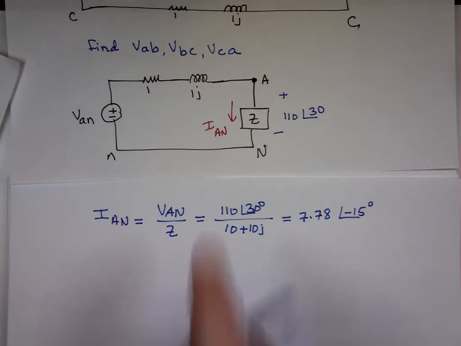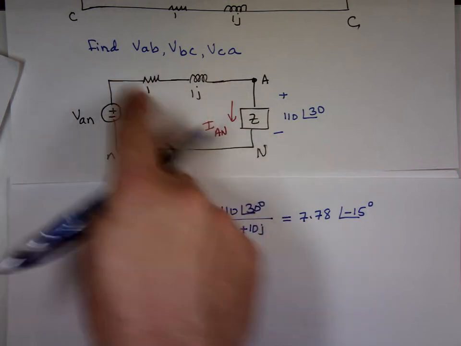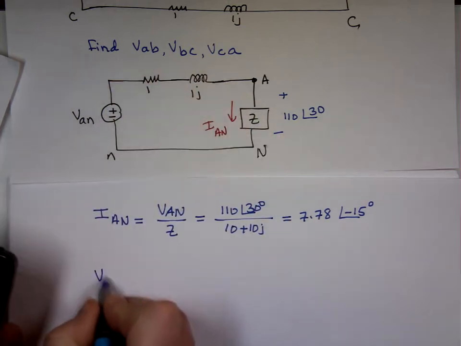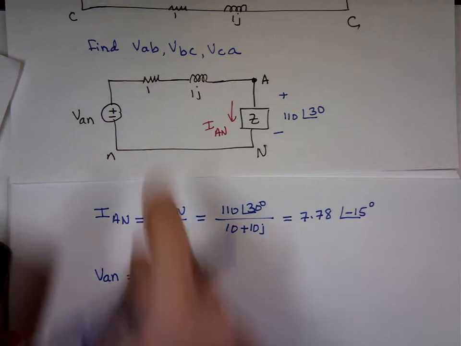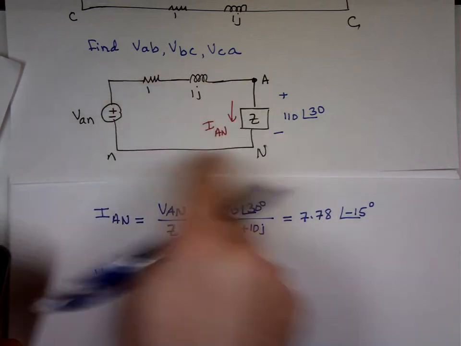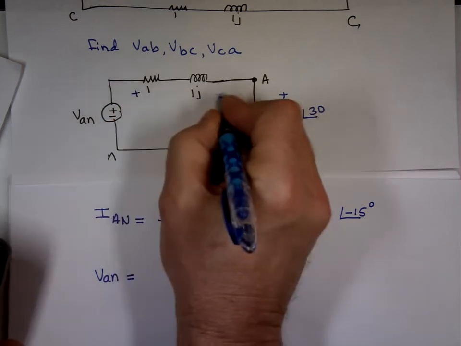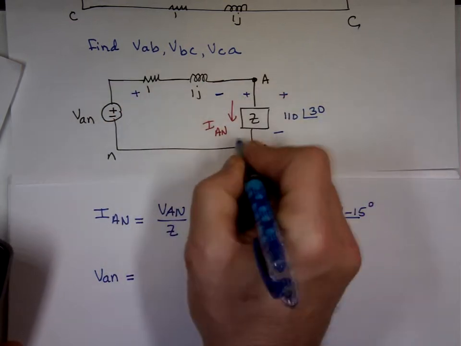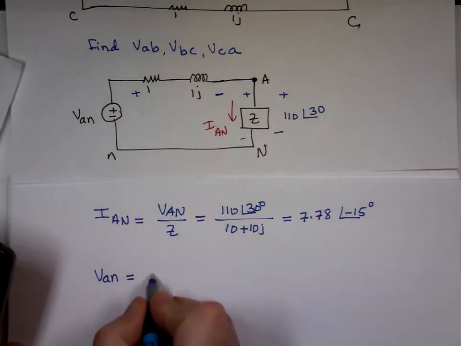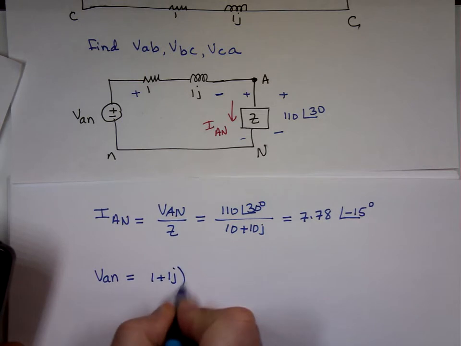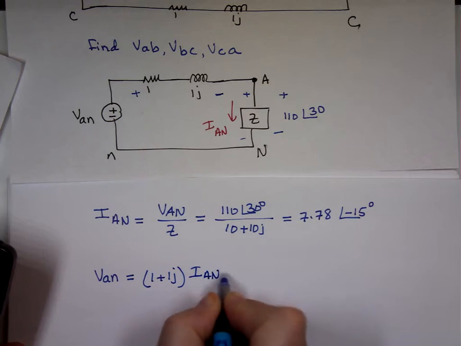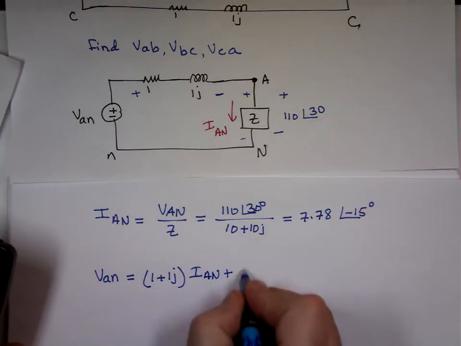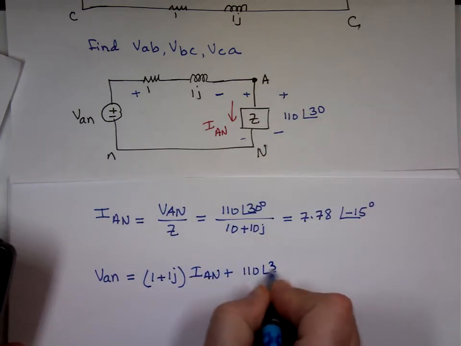If I know that, then I know what the voltage drop here. So VAN, small an, it's going to be the drop right here, because the current's going this way, so I mark this plus to minus. This is plus to minus, so they're going to add up. It's going to be 1 plus 1J times I sub AN plus that voltage here, which is 110 angle 30.